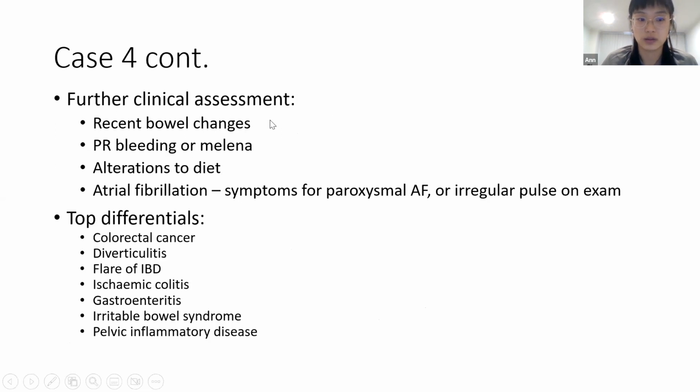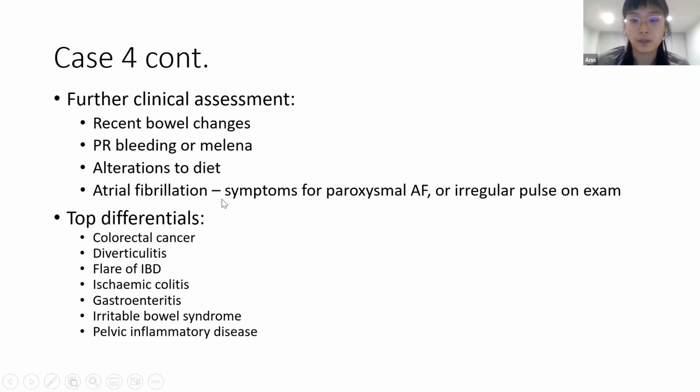Great. So recent bowel changes, PR bleeding or melena, alterations to diet, and also looking for atrial fibrillation signs. This is a bit of a weird one, but basically the thinking behind this is that with anybody who has left lower quadrant pain, pretty much the biggest organ there is your descending colon and the sigmoid colon.